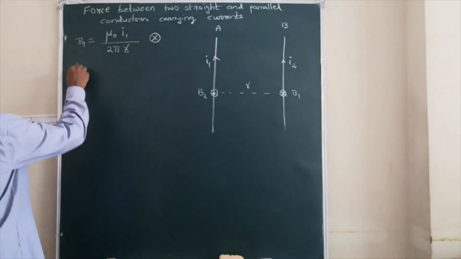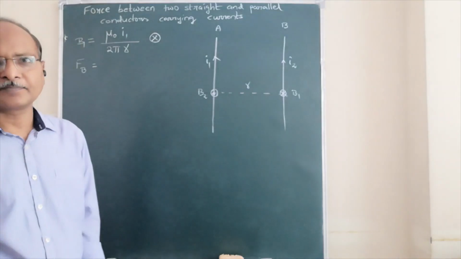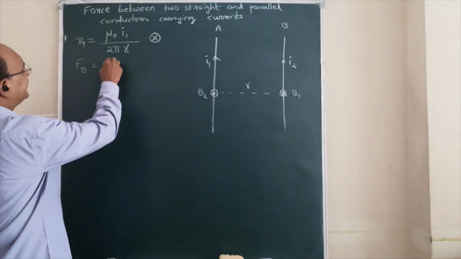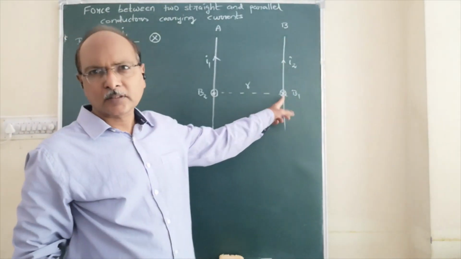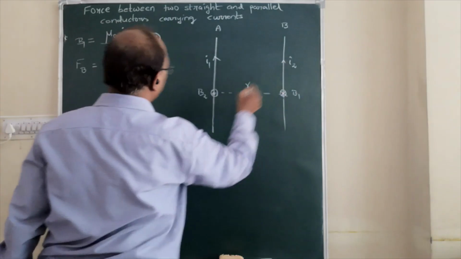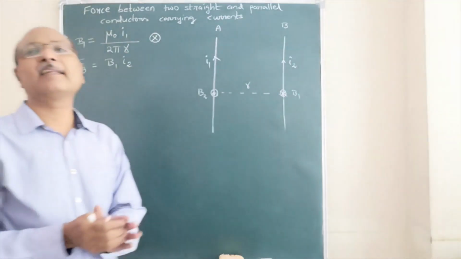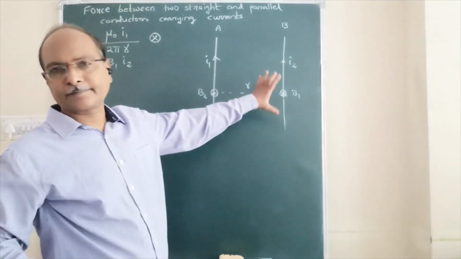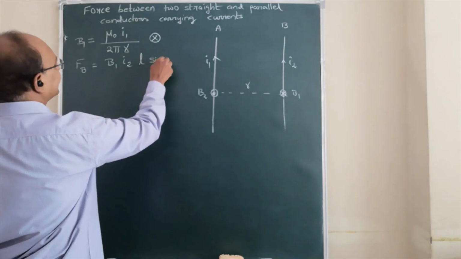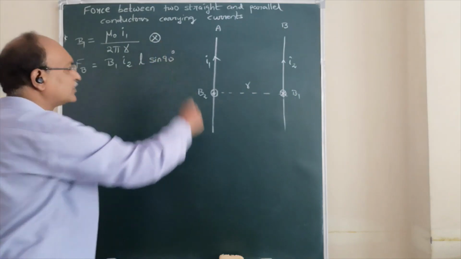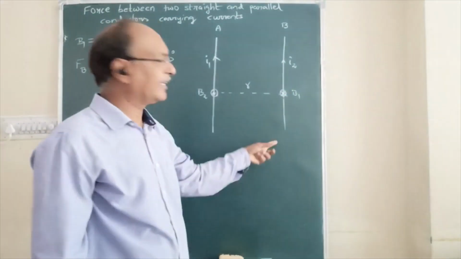So, the force acting on B, FB, we can take B1, because the magnetic field here is B1. The current it is carrying is I2. Suppose we take a length L of this conductor. So then L. Here theta will be 90 degrees, because the magnetic field is into the plane and the conductor is in the plane.